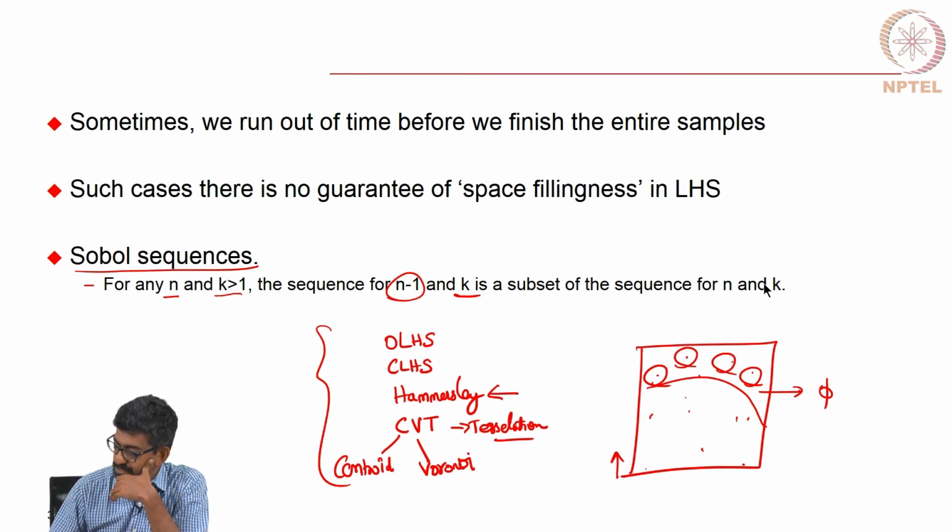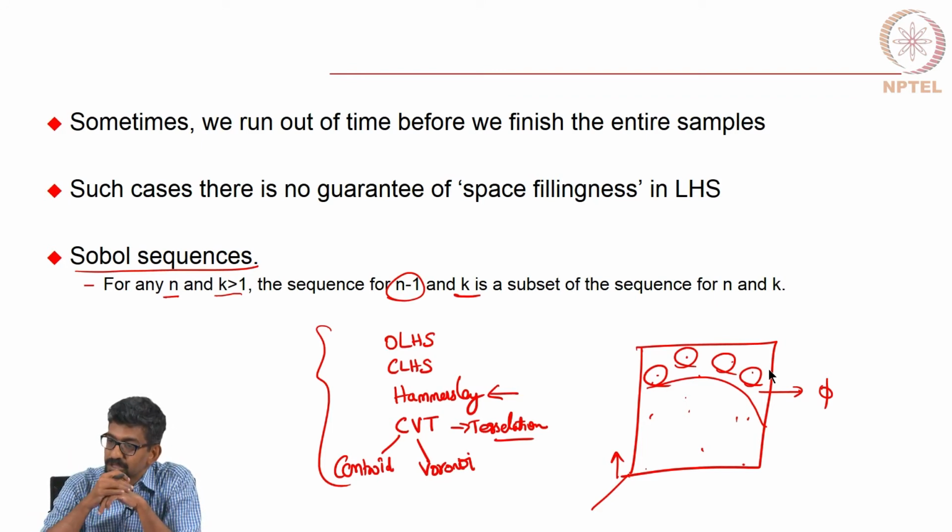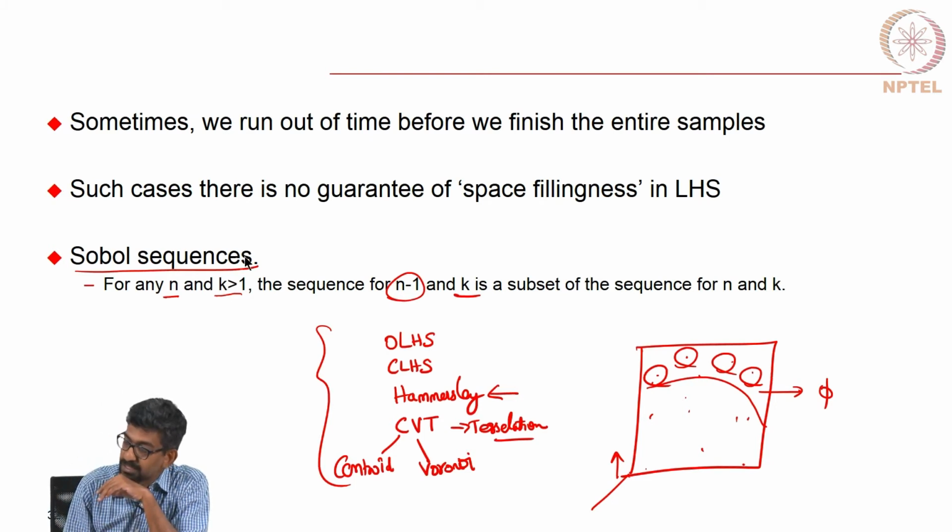Okay. What I am saying is these 4 did not run. Okay. So, you can take this, because this is in 2 dimensions that we are talking about. Okay. So, even any other projection that you take will be a subset of the original one. So, the uniformity in the sampling will be preserved. So, in that sense it is a good idea to use sequences like Sobol.